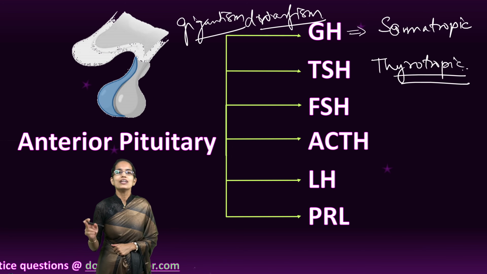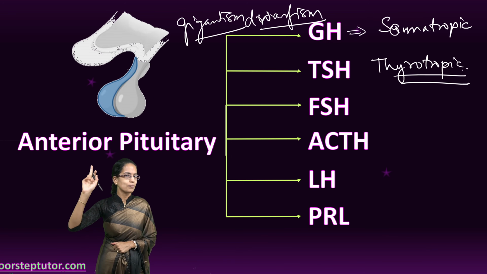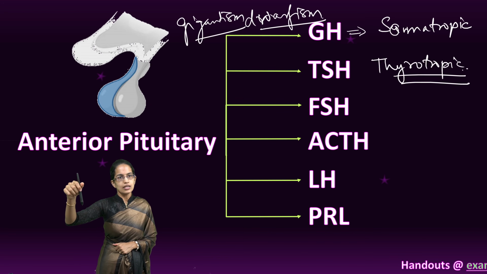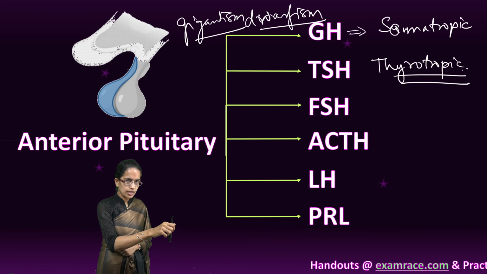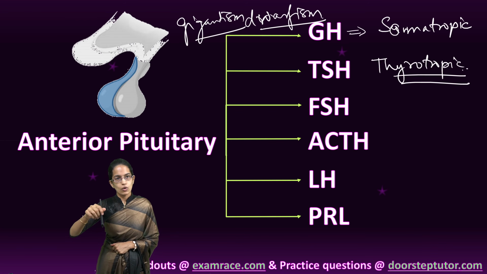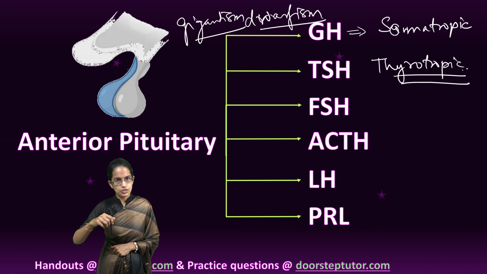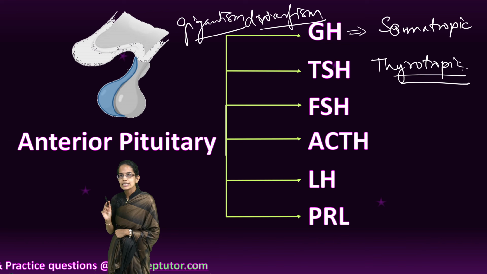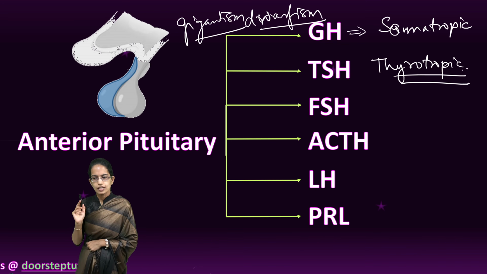It is governed by the pituitary, and so we call the pituitary the master gland. So the pituitary controls the thyroid gland, which secretes thyroxine, and this is done through the pituitary's TSH, thyroid stimulating hormone.